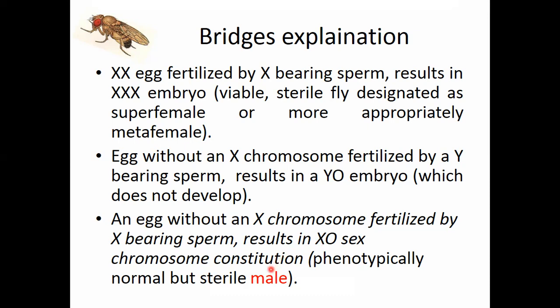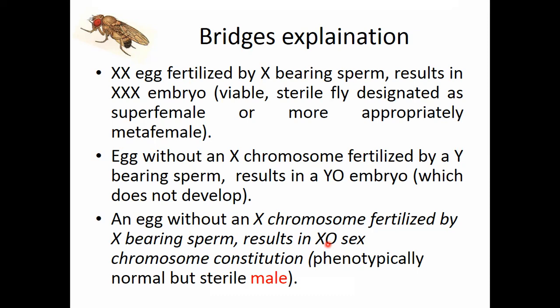Why these are sterile? Because Y chromosome is absent, and it is indicating that Y chromosome, although does not play any role in the development of male, but they do play an important role in the male fertility.